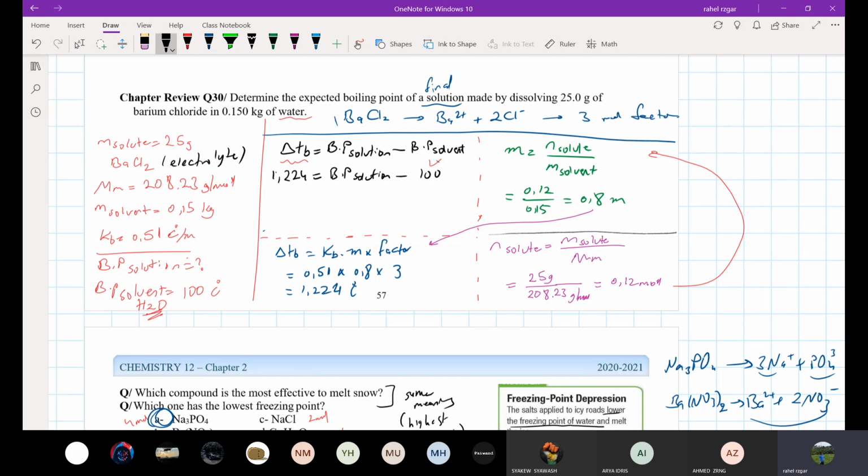So 1.224 plus 100 is equal to boiling point of solution, which equals 101.224 Celsius. That's the final answer. That's how you solve this question. This is probably the longest question that we are going to solve.